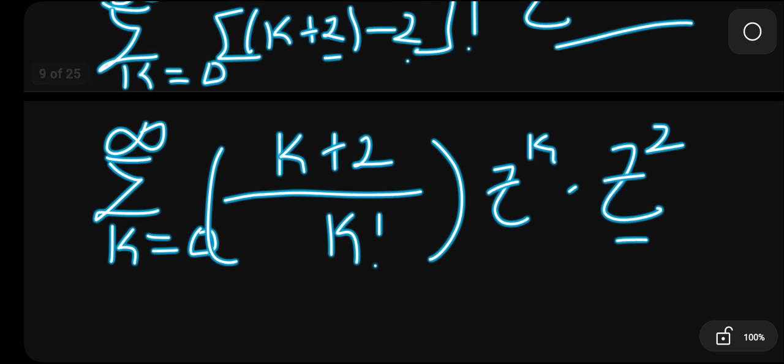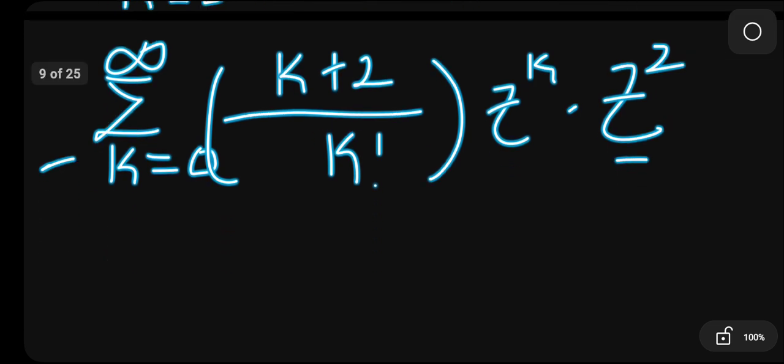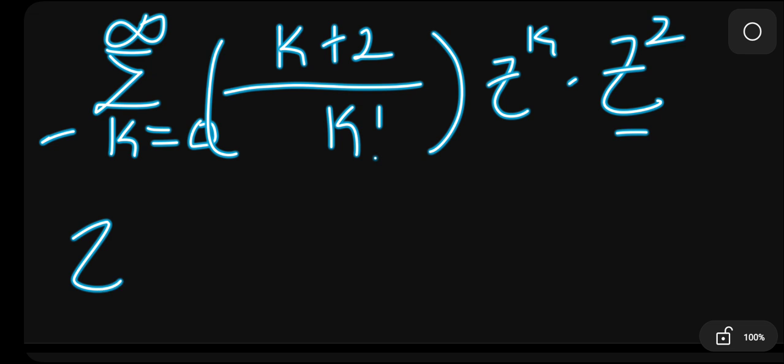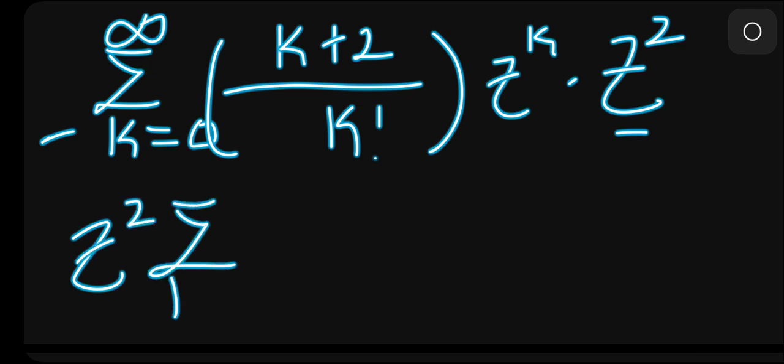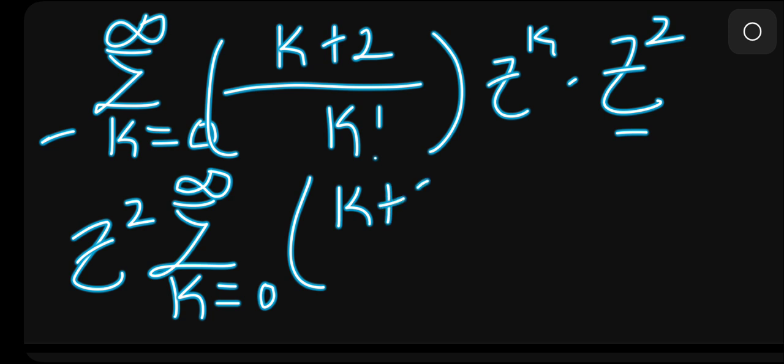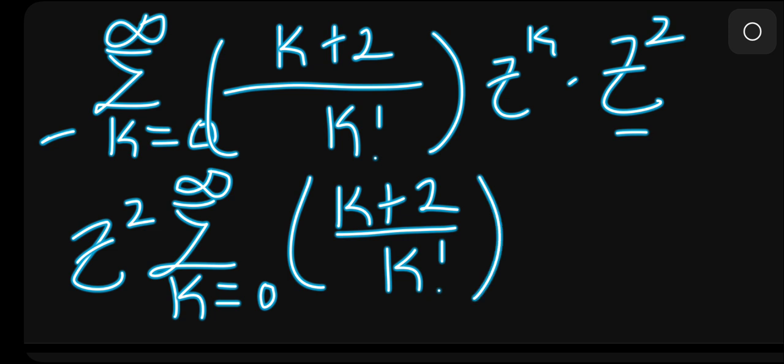Now I can bring this one at the front. Now I have z squared of the sum from k equals 0 all the way to infinite of k plus 2 on k factorial z power k.